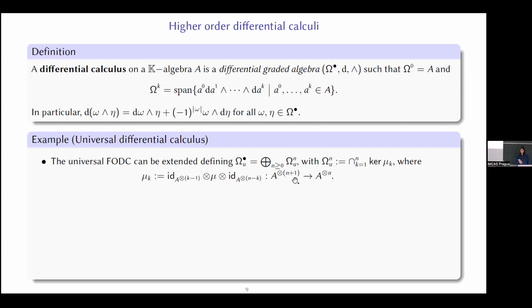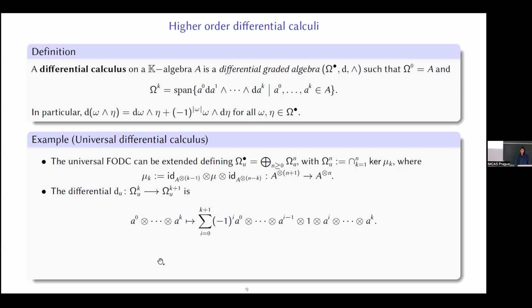You take all the kernels for all k's from 1 to n, you intersect them, and you get a graded vector space, and you can define a differential on it like this.